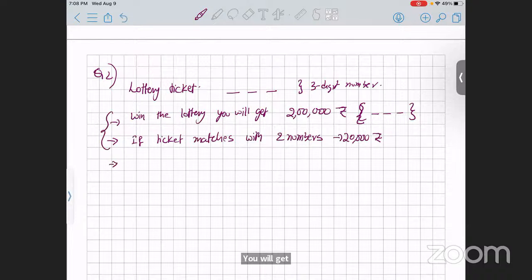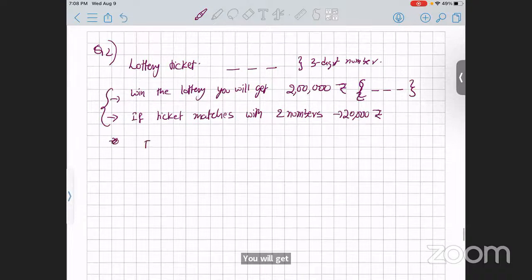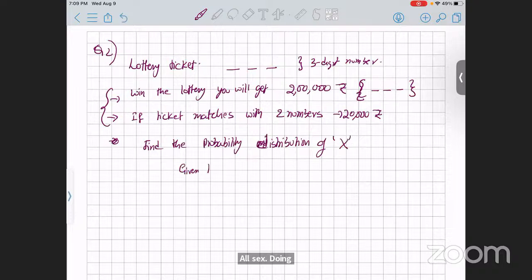Now he's asking, find the probability distribution of x, given that x is the profit earned by the customer.